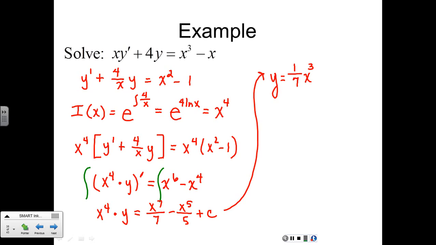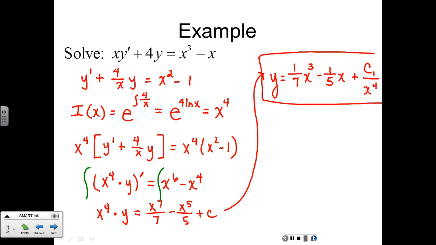Third, okay, minus 1/5 x to the, it's x to the first, okay? Plus C1 over x to the fourth. That is a linear differential equation.